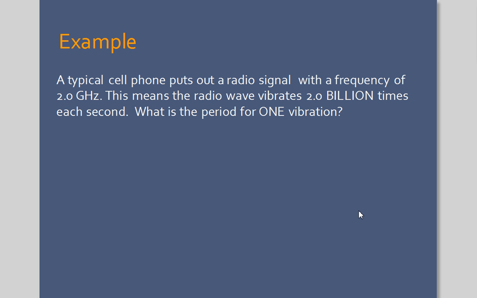It goes up, it goes down, goes up, goes down. That's a cycle. So it's like how many cycles in 1 second? Well, this one does 2 billion oscillations, 2 billion of these little back and forths, little vibrations every second.